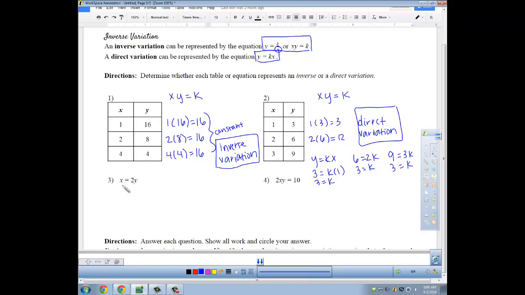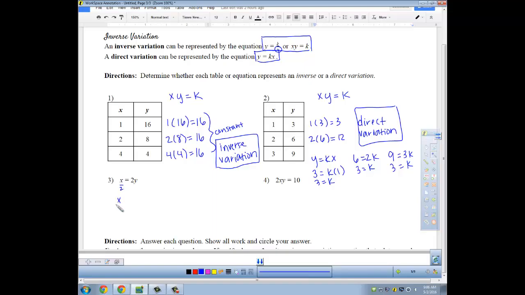Number 3 and 4, we have equations instead of tables. So we need to match it up to one of these three equations. If I look at number 3, it says x equals 2y. What I'm going to choose to do is get y by itself, because 2 out of my 3 equations up here have y by itself. So to do that, we divide both sides by 2.